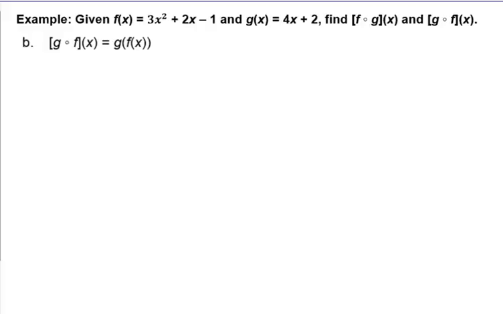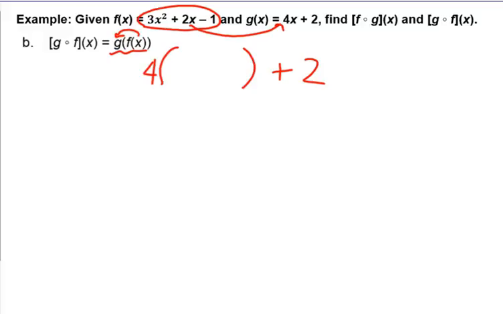Okay, so this one says, and it won't usually say this on a test or quiz, it's our hint on this one, we're putting f into g. So this whole mess has to go in here. So I'm writing down function g, and then I'm plugging in x. Okay, can you distribute and simplify? Minus 4 plus 2 would be minus 2.